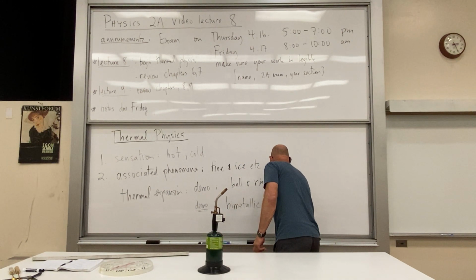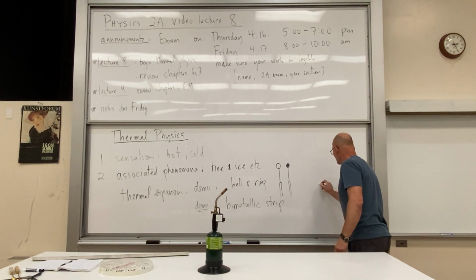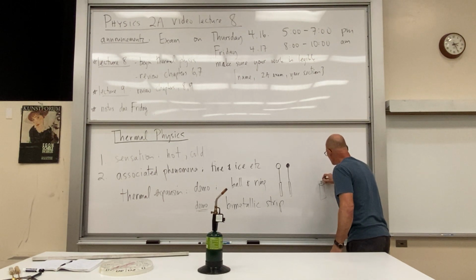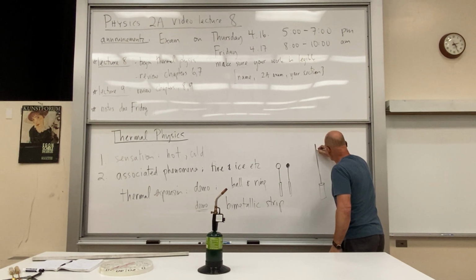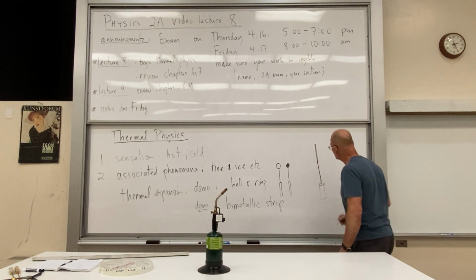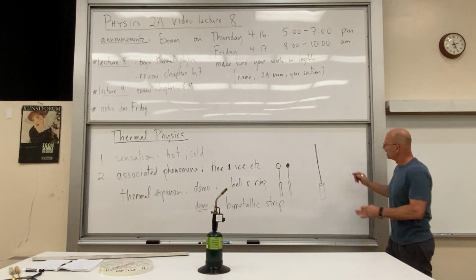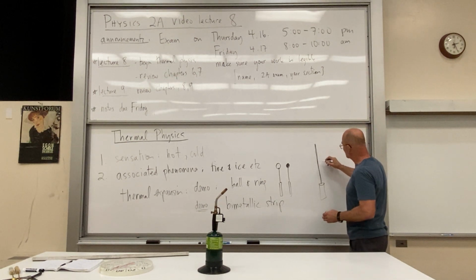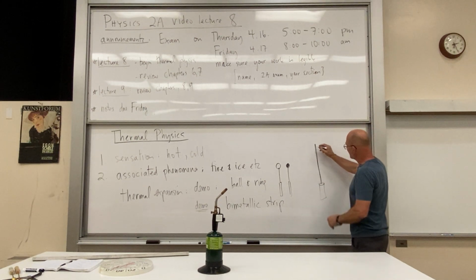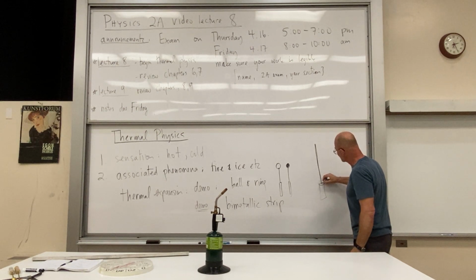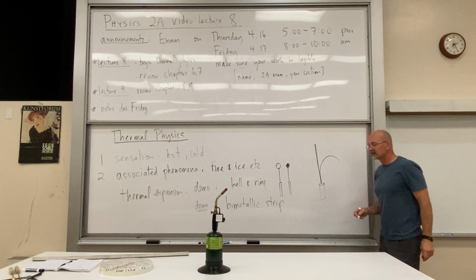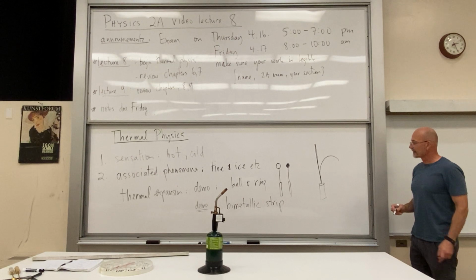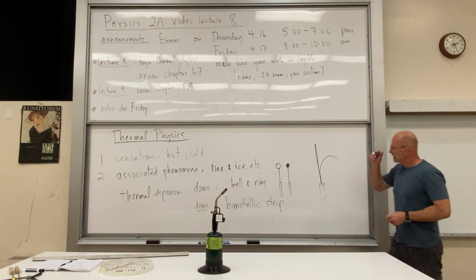Bimetallic strip. And there we have on this handle really just a strip, but if you know what it's made of, they're two different metals, and therefore when we apply heat, one side expands more than the other, and the thing actually bends over like that, okay?